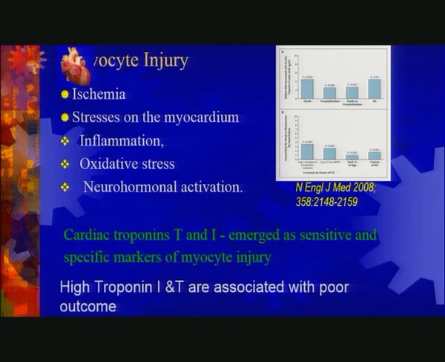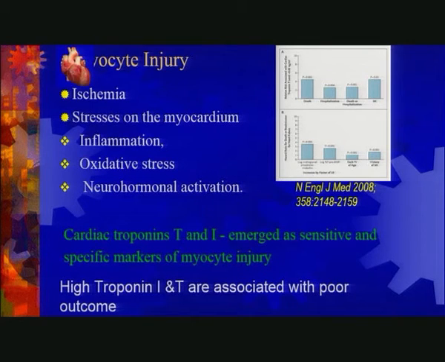The other category includes myocyte injury biomarkers. As I said, cardiomyocyte injury is not necessarily due to blockage or narrowing of the coronary, meaning ischemia, but it can also be due to inflammatory processes, oxidative stress, and neurohormonal activation, as I mentioned. All of these together can also lead to loss of cardiomyocytes.